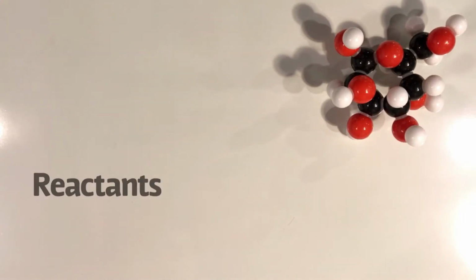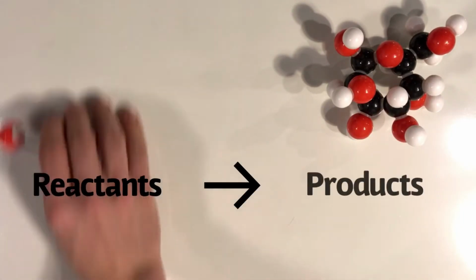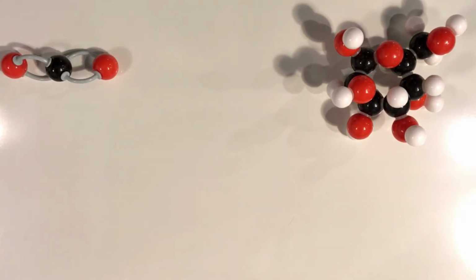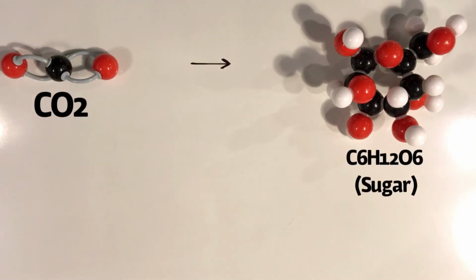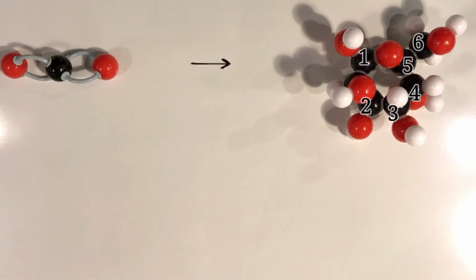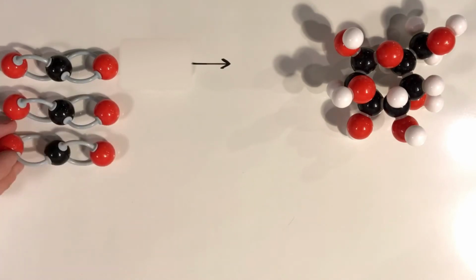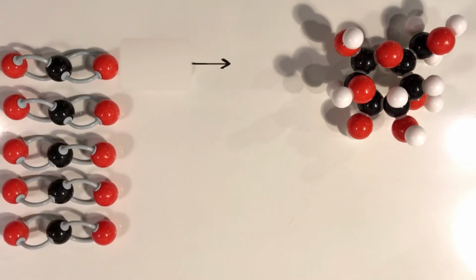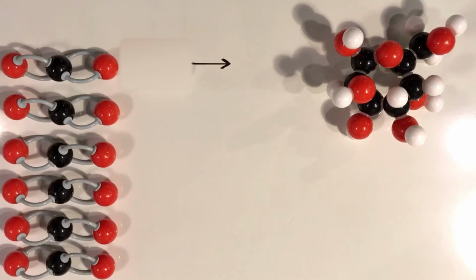Let's place our reactants on the left and our products on the right. We know the plant cell starts with carbon dioxide and somehow ends up with sugar. Since the sugar has 6 carbon atoms in it, we will need to start with 6 CO2 molecules. The sugar also has 12 hydrogen atoms, which we can provide with water molecules in the reactants.